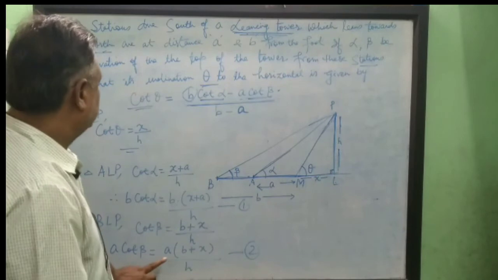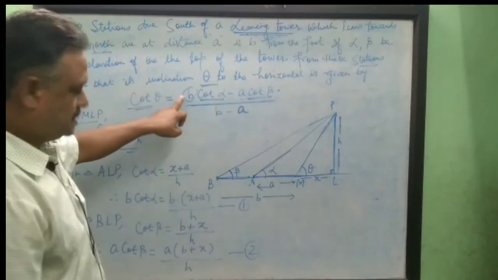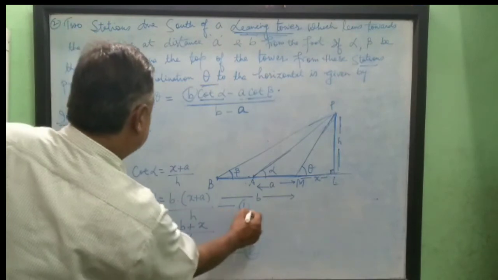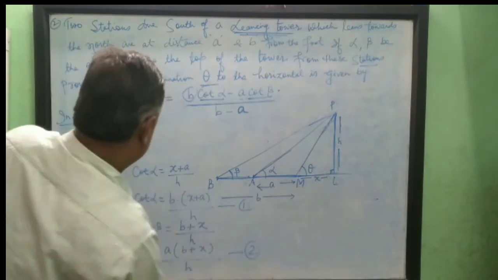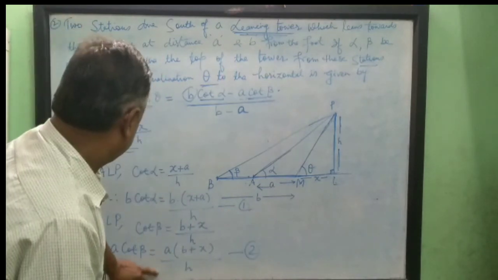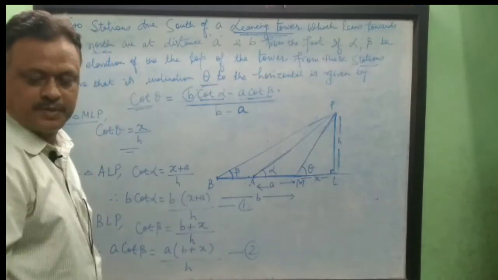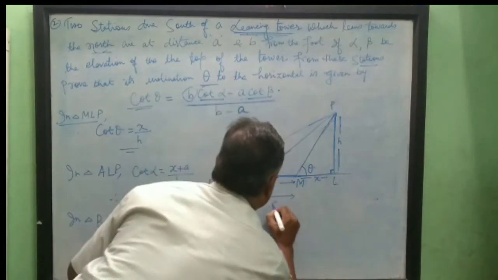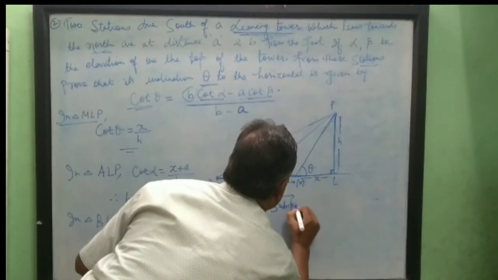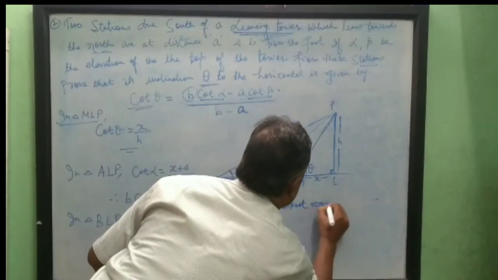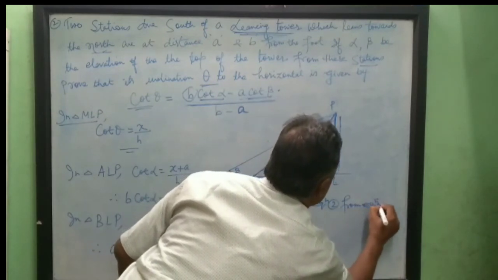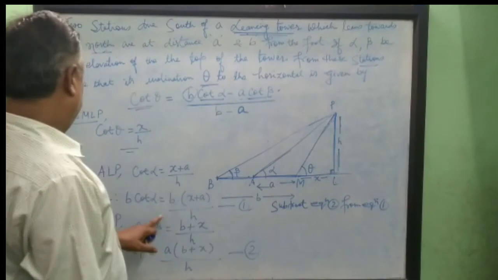Now subtract a cot beta from b cot alpha. So subtract equation 2 from equation 1.